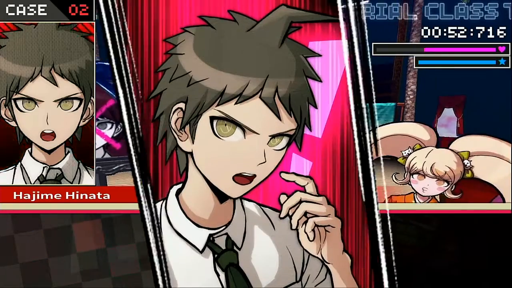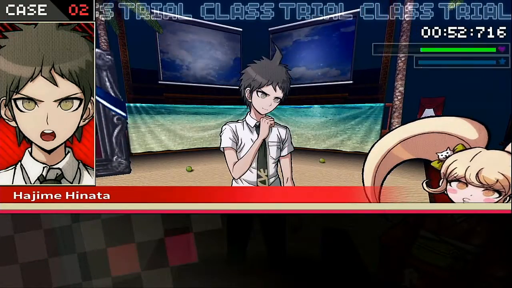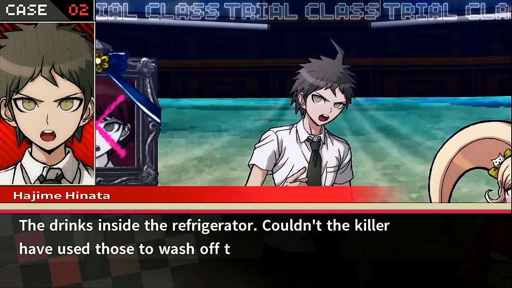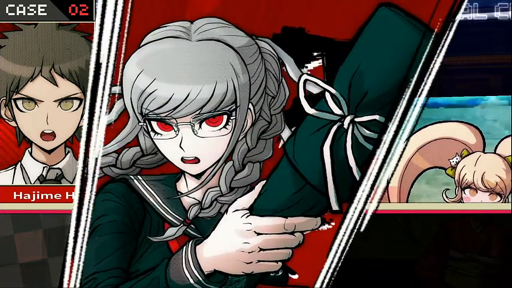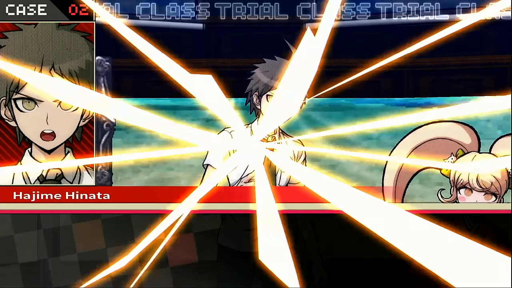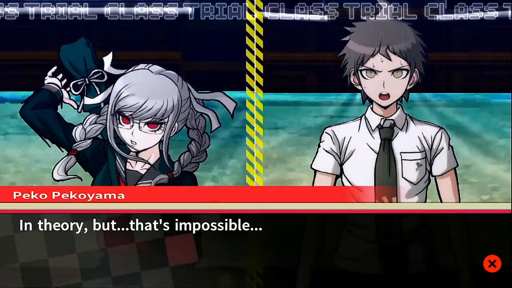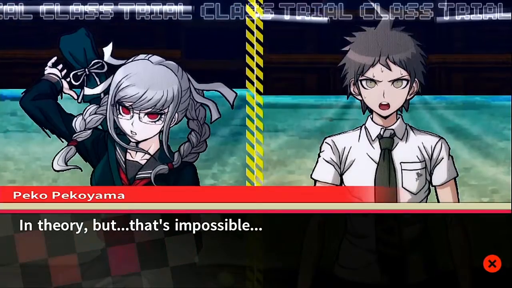I see! Drinks inside the refrigerator. Couldn't the killer have used those to wash off the blood? I've seen through it. In theory, that's impossible. Why?